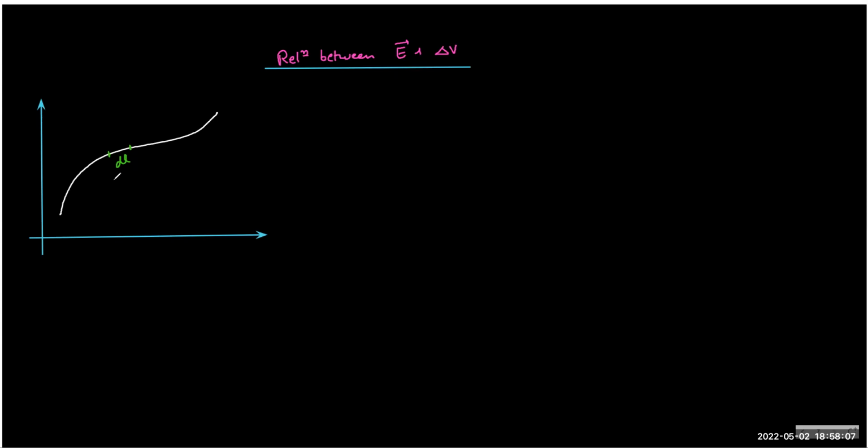So dl is a better way to represent it. Let's say at this point the net field is pointed in this direction. If I draw a tangent, then the dl vector will be like this, and you can see the E vector. Let's call the angle between them theta. What we need to realize is that E is the net field.